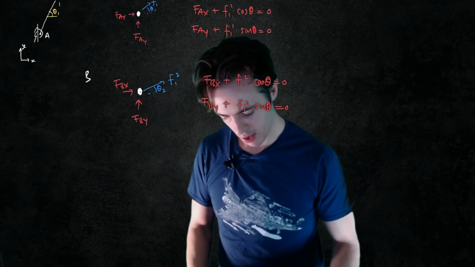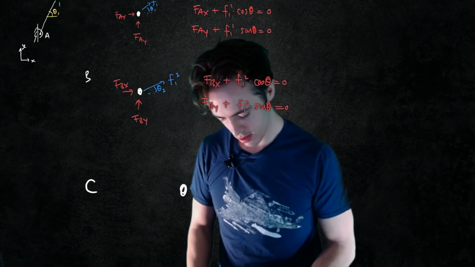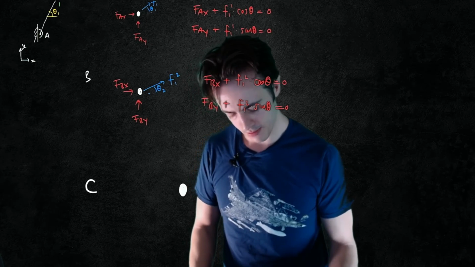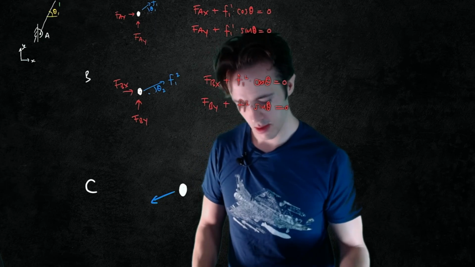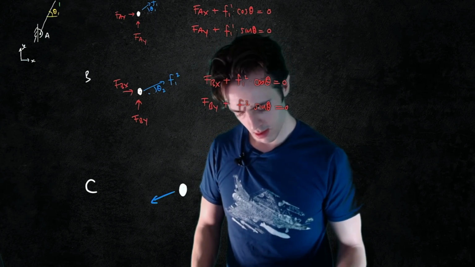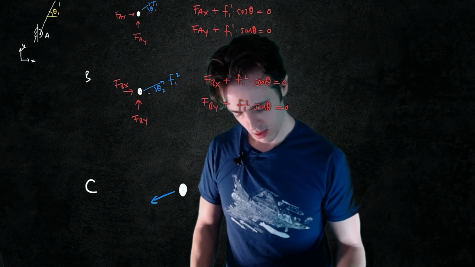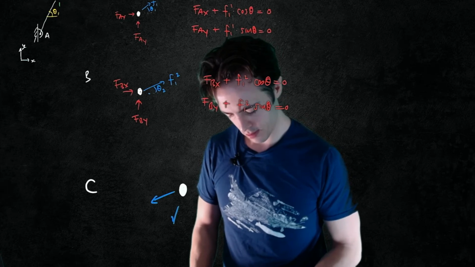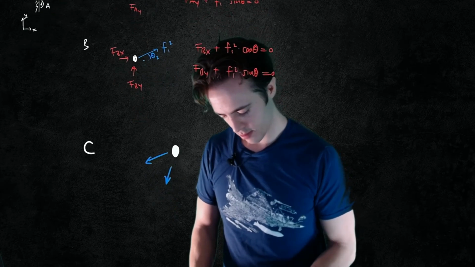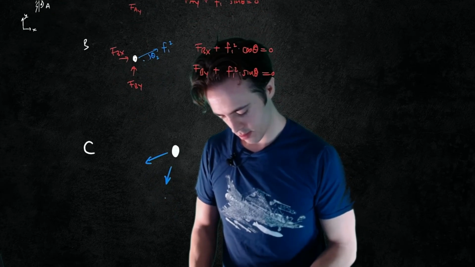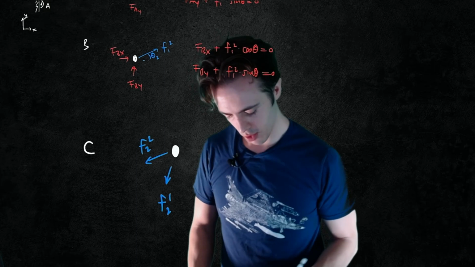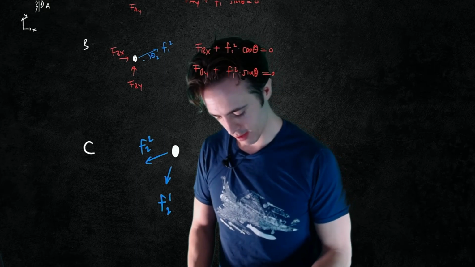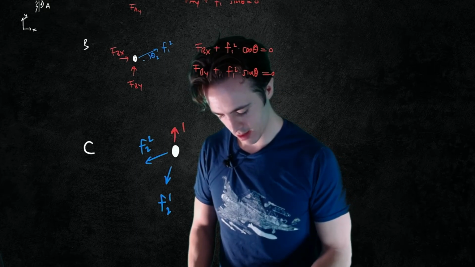Now we just need to draw node C. Node C is here. I'm not going to draw the angles in. I'm going to leave that to you guys because this diagram's getting a little bit messy.